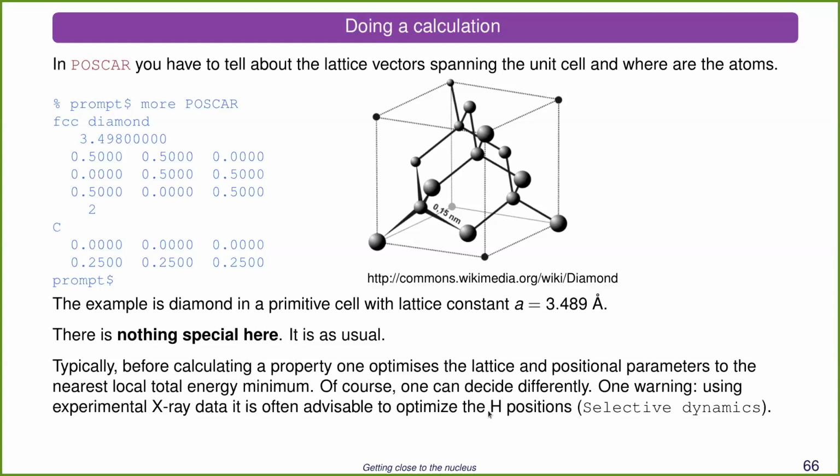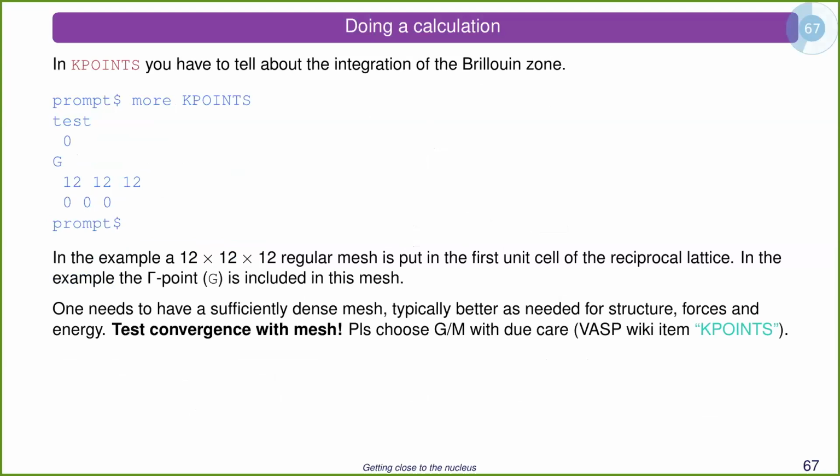Only if you, for example, have an organic crystal and the people have guessed where the hydrogens are, optimize the hydrogens, if you want to work with experimental positions anyway, because they have guessed them and you get very strange numbers if you don't optimize them. That's POSCAR. KPOINTS is also nothing special. You need to specify a mesh, but the mesh has to be sufficiently dense.